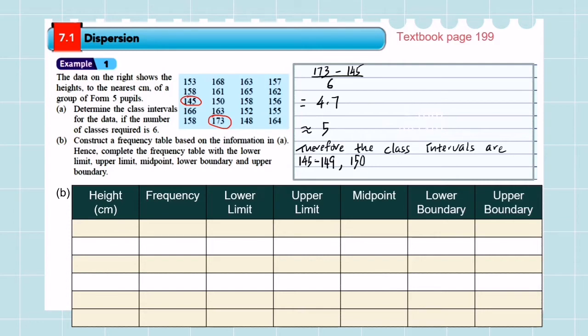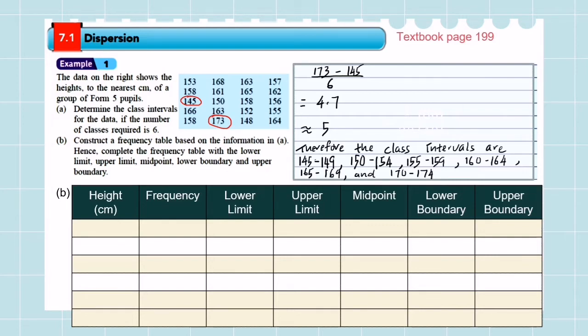So 150 to 154. Followed by 155 to 159. 160 to 164. 165 to 169. And also 170 to 174.